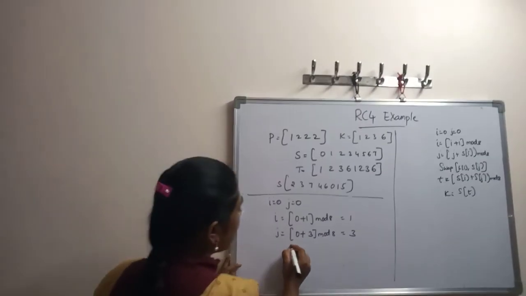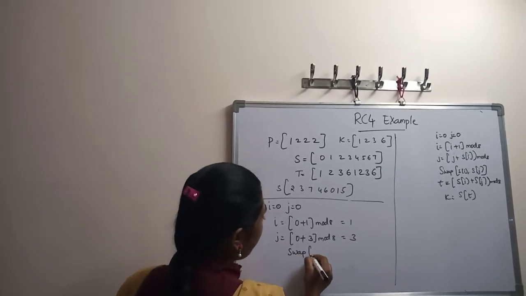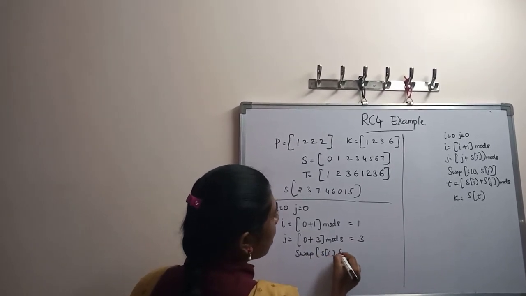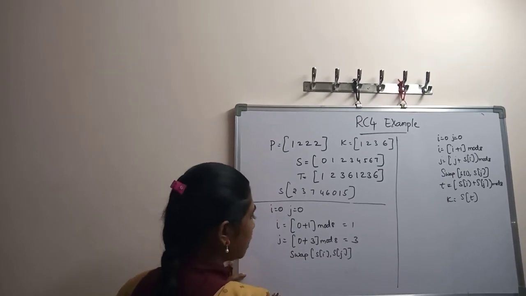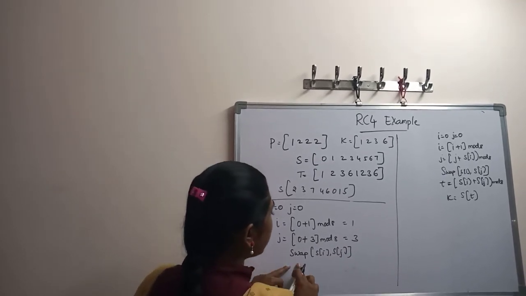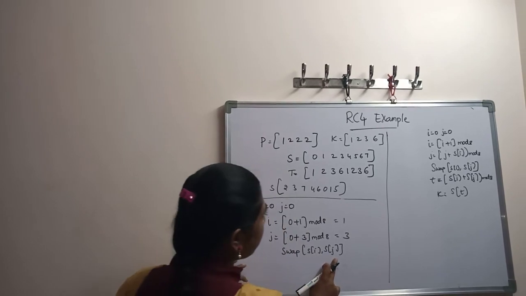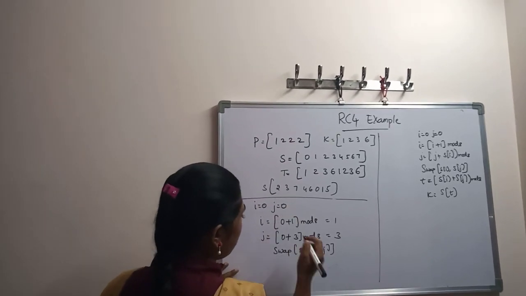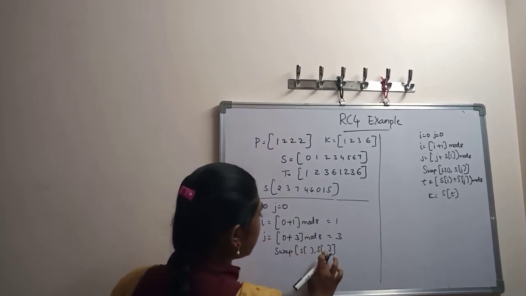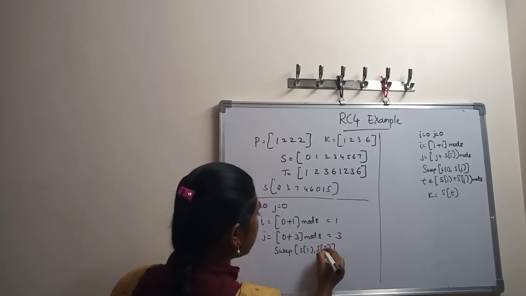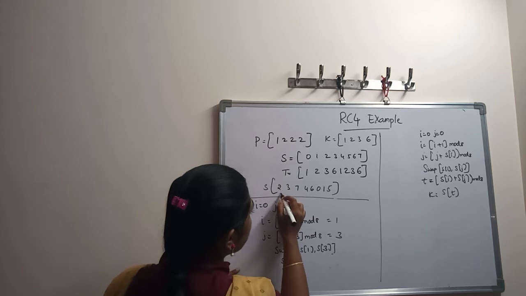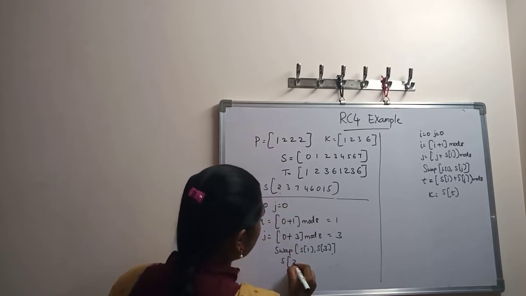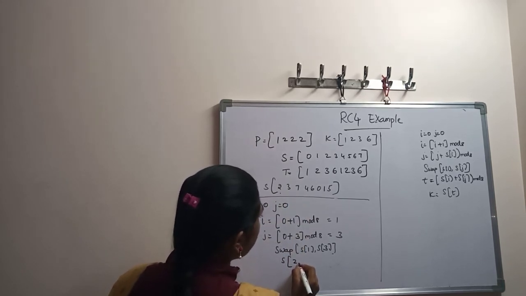Now swap the values of s of i comma s of j. So what are the values that we are going to get in the vector? Since the values here are 1 and 3, we are going to get s as 2, 1 and 3.